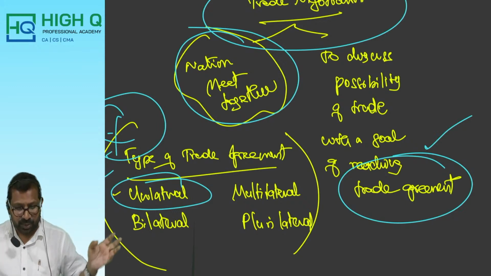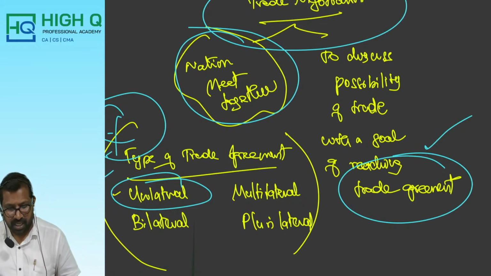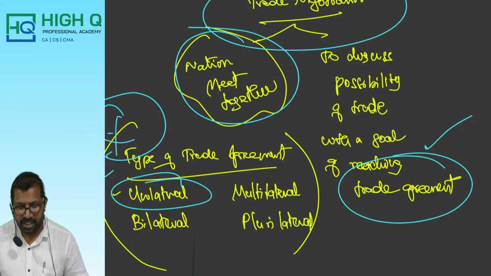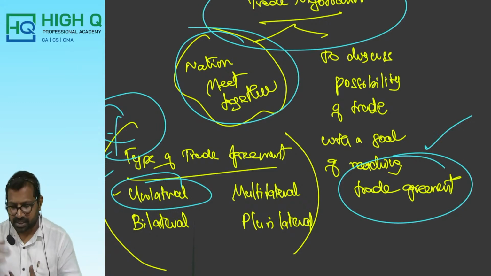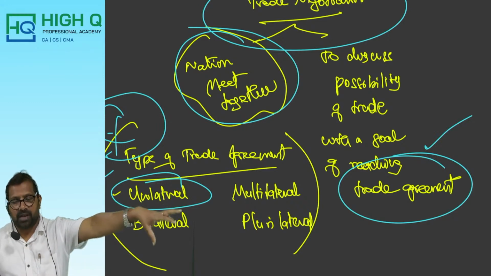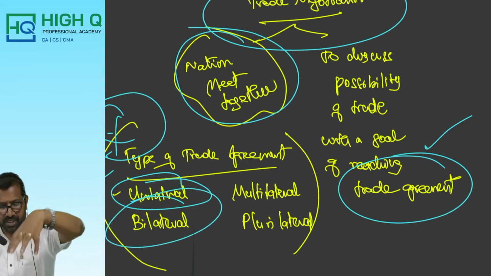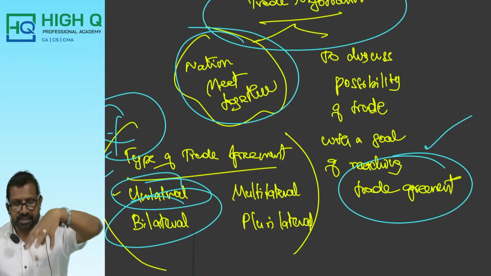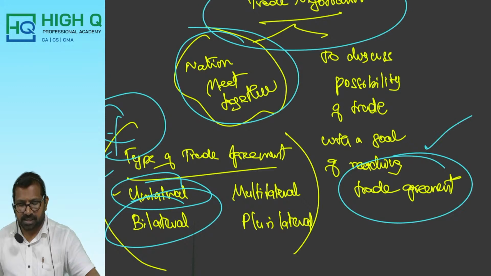This is called unilateral. Bilateral means two nations at a time, where they go on with trade negotiations between each other. Both countries discuss exclusively with each other to arrive at the trade agreement. It is called bilateral.